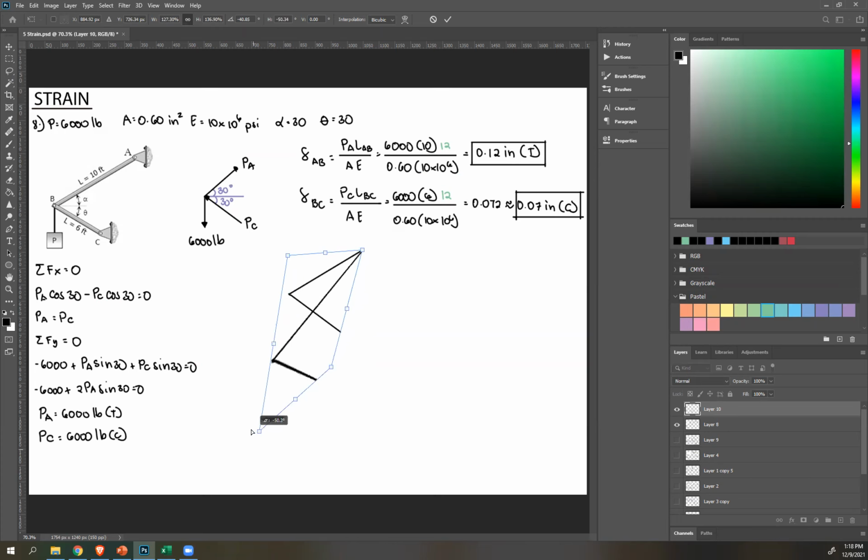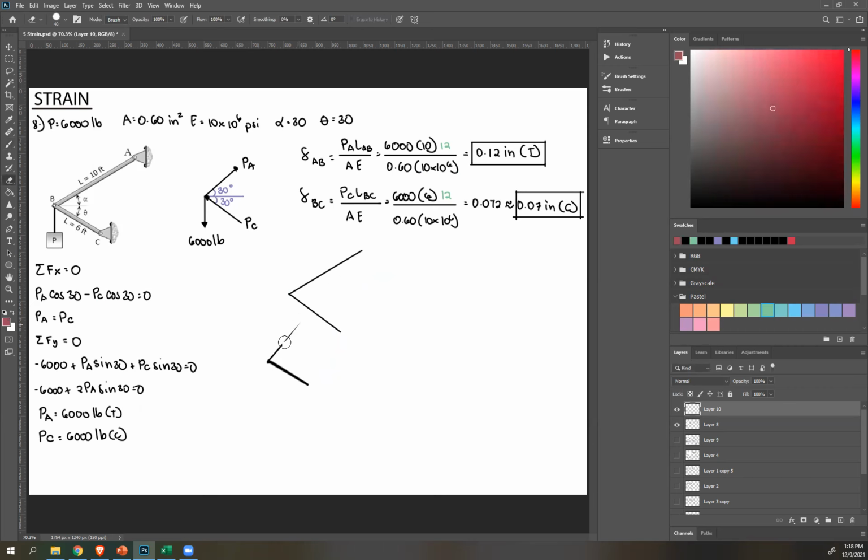Okay? And it's going to move that way because of this load. And therefore, this is the final point B. Okay? So let me just remove this. This is just the final point.